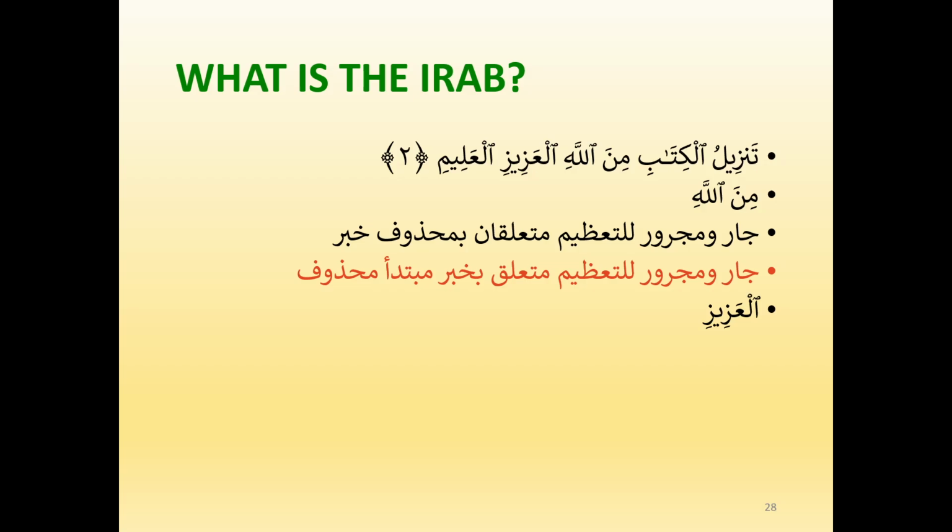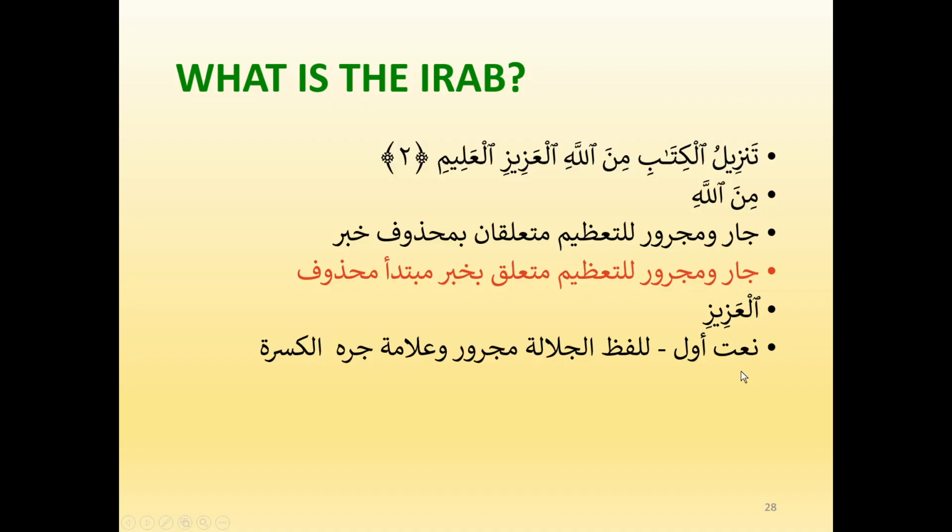What do we call Allah? What is the word Allah? Lafzul Jalala. Yes. And that is majroor. Yes. And what is the sign? Bil kasra. Majroor bil kasra. So this is how we say it. There's two alternatives. Na'tun awal lil lafzul jalala majrurun wa alamatu jarrihi al-kasra.